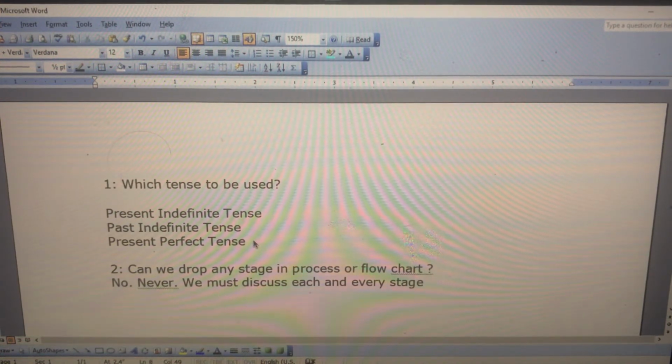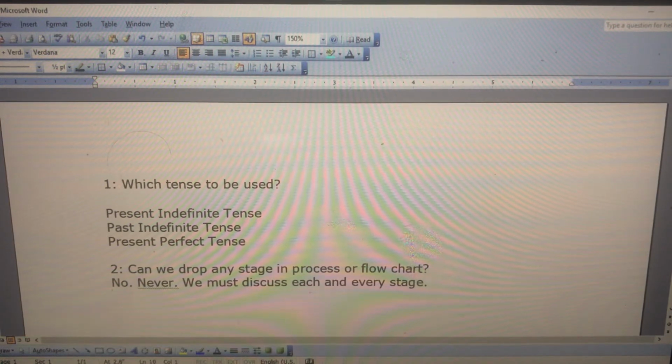So if you drop any stage, like in the bar graph, then your production is not very good, and your report is incomplete. So you didn't convey proper stages to the examiner. So this is, no, never. We must discuss each and every stage, right?